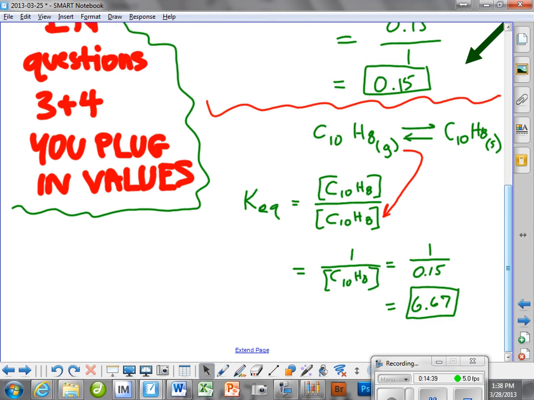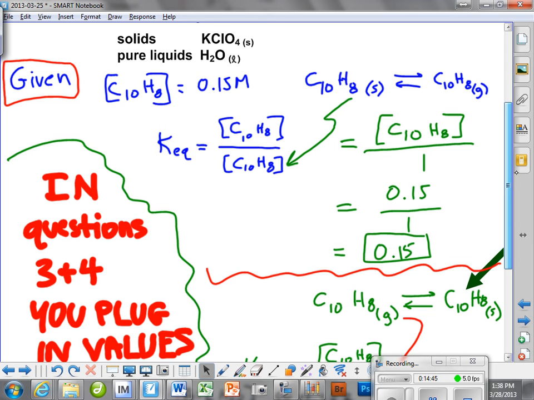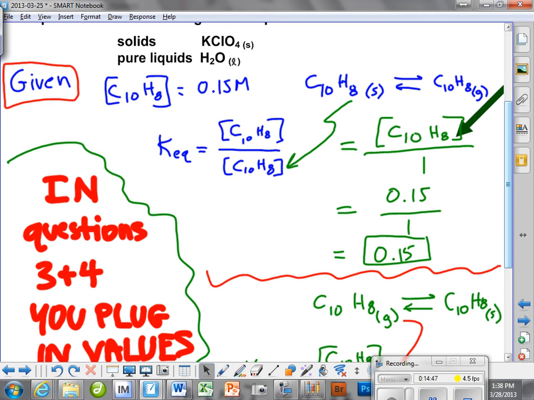Because in the equation, the way I wrote it this time, which is different than last time, isn't it? Here's the last time. Notice the solid is on the left here. The left always goes on the bottom. Reactants are always on the bottom.